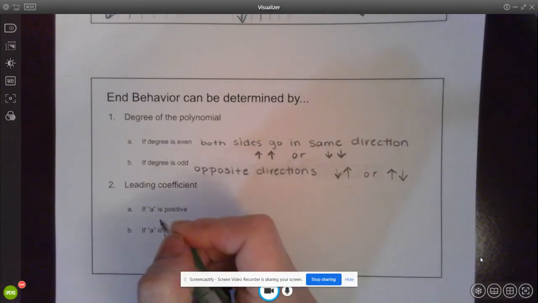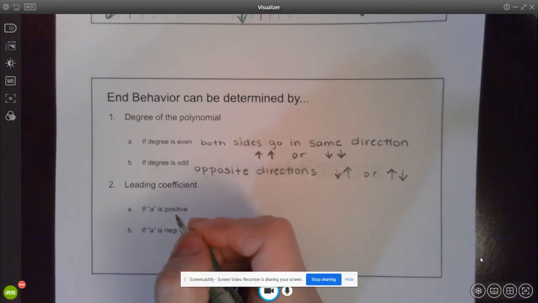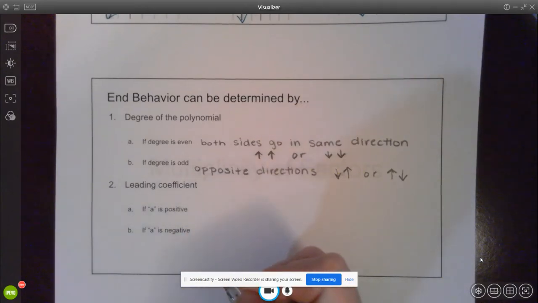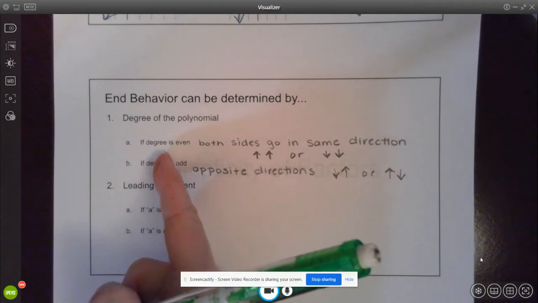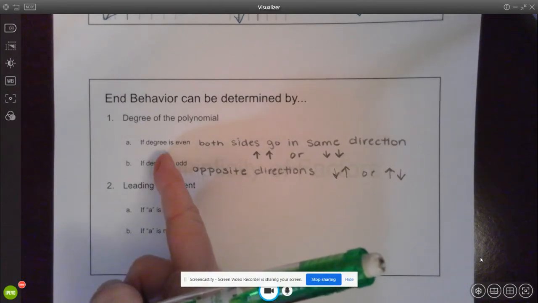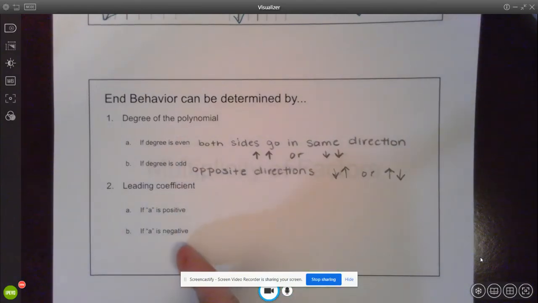So if my leading coefficient A is positive, now I'm just going to talk about the right side, where my x values are going towards positive infinity. If it's even or odd, that's going to help me figure out the left side, because the positive and negative sign is going to help us figure out the right side.